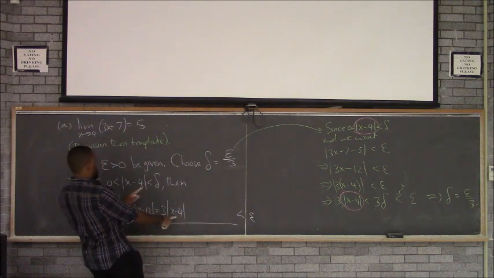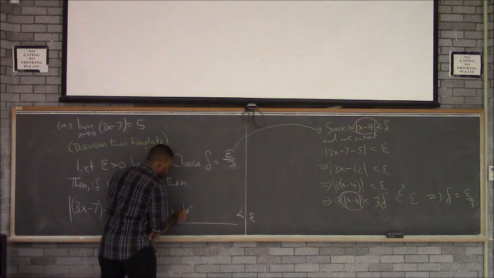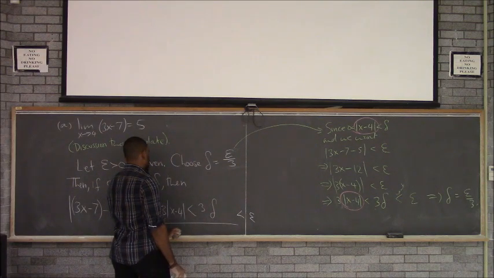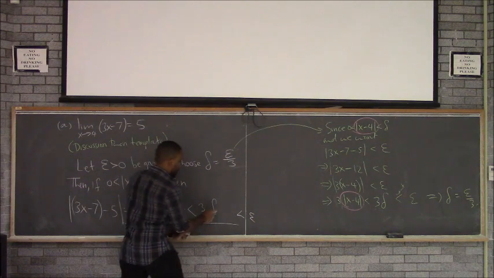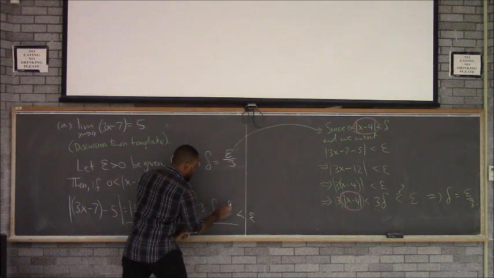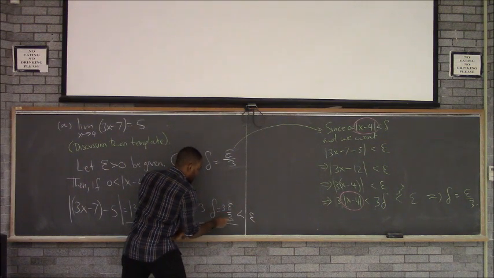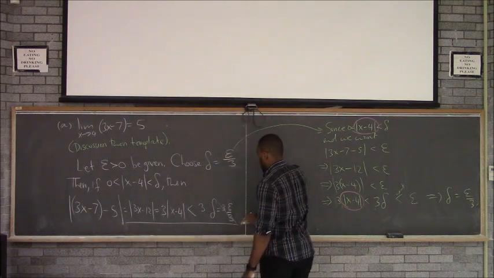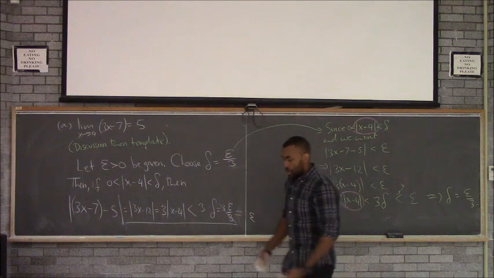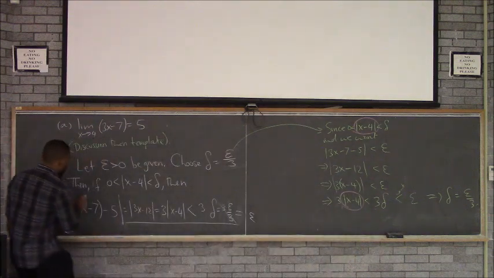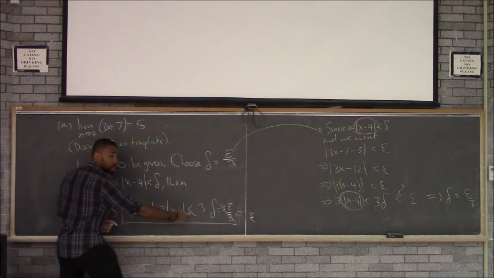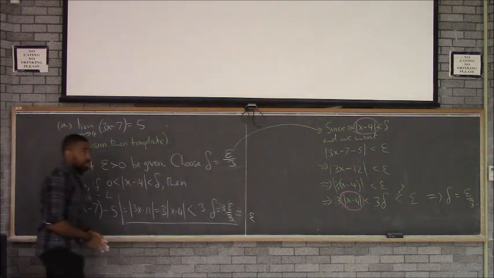Well, if this is less than delta, this is going to be less than 3 times delta. But if my delta is epsilon over 3, then that ends up equal to epsilon. So what ends up happening is my f of x minus L ends up less than epsilon, right?